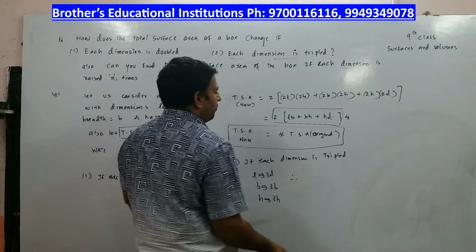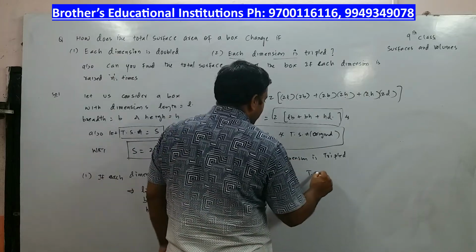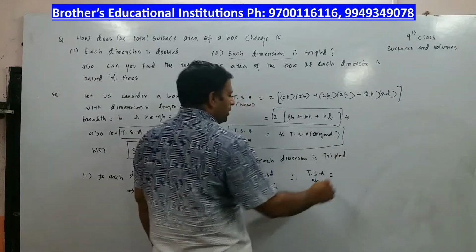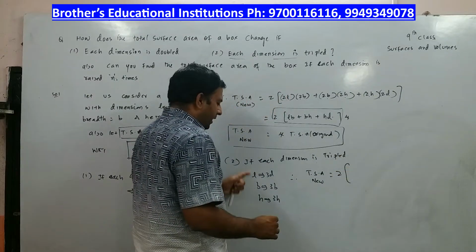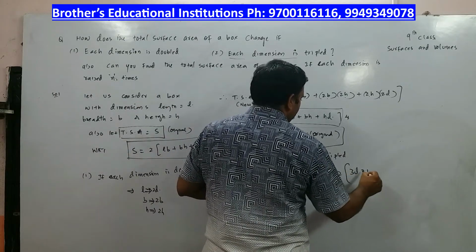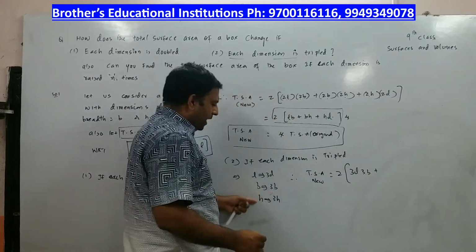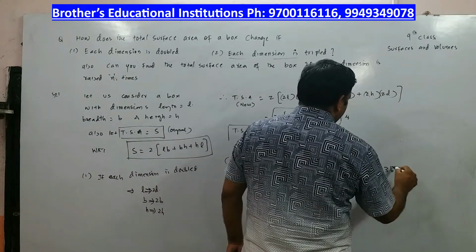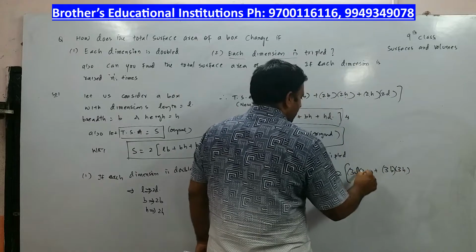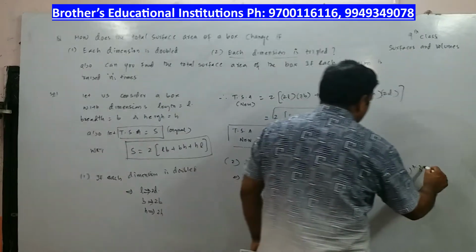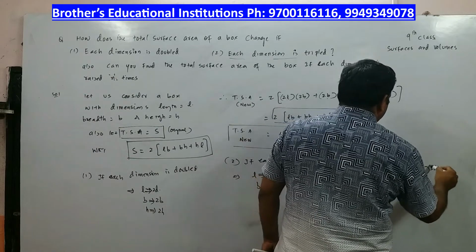So therefore, the new total surface area, the original formula is 2 times LB, in place of LB, 3L into 3B, plus BH means 3B into 3H, plus HL means 3H into 3L.